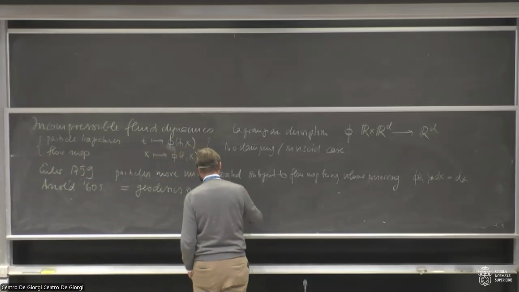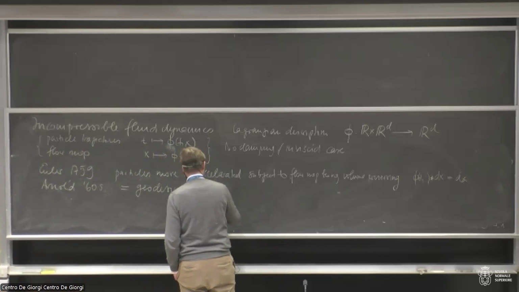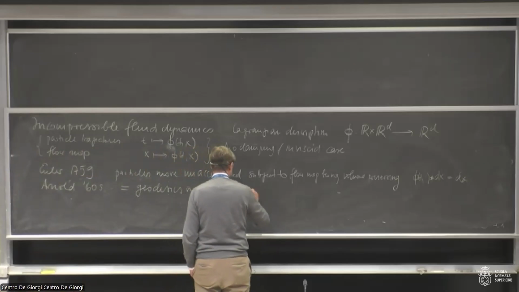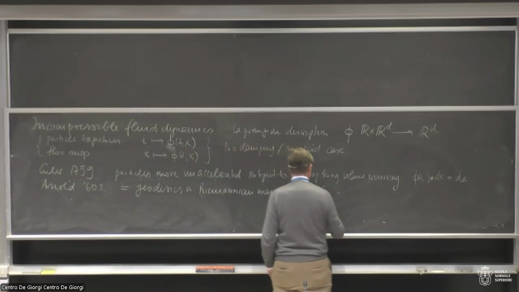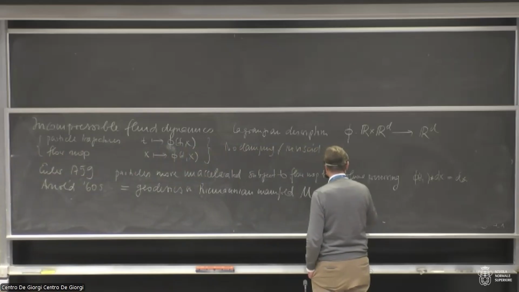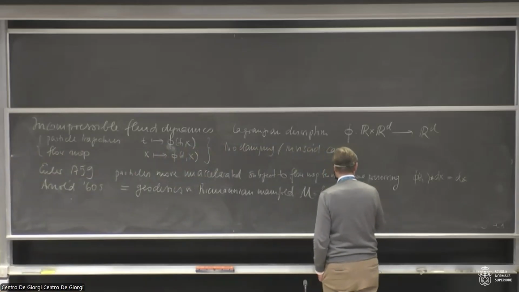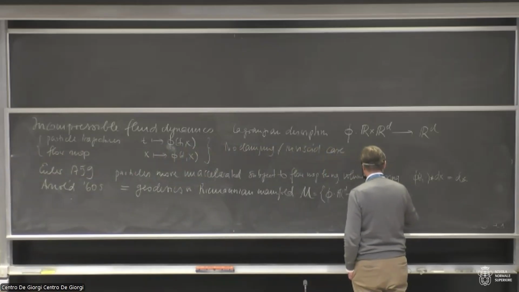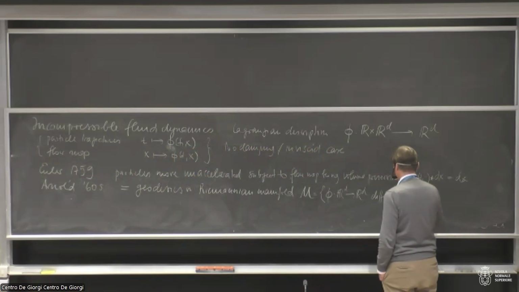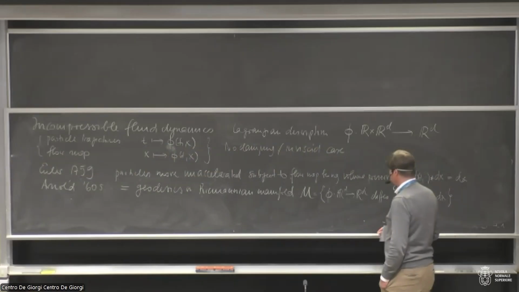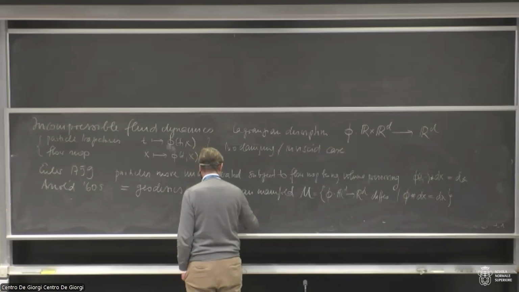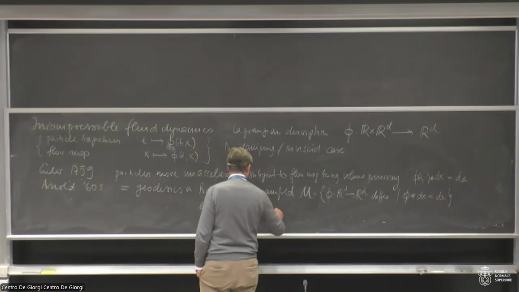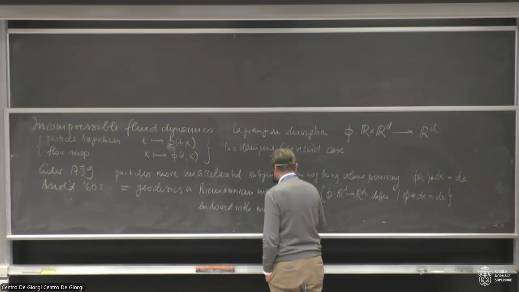So on the manifold, script M, of nonlinear transformations of Euclidean space which are diffeomorphic, such that they preserve the volume, and endowed with a metric from the ambient Euclidean space.